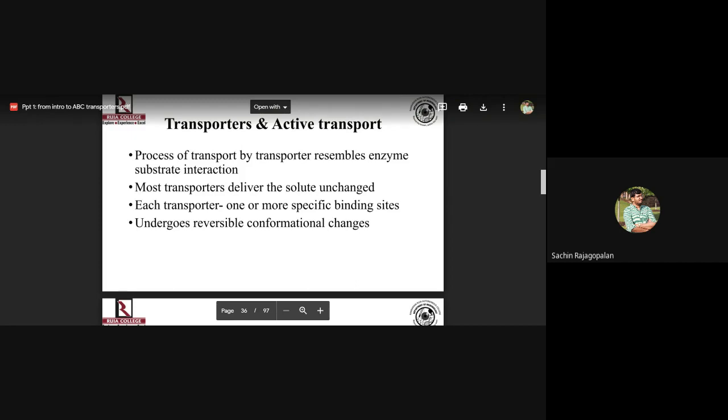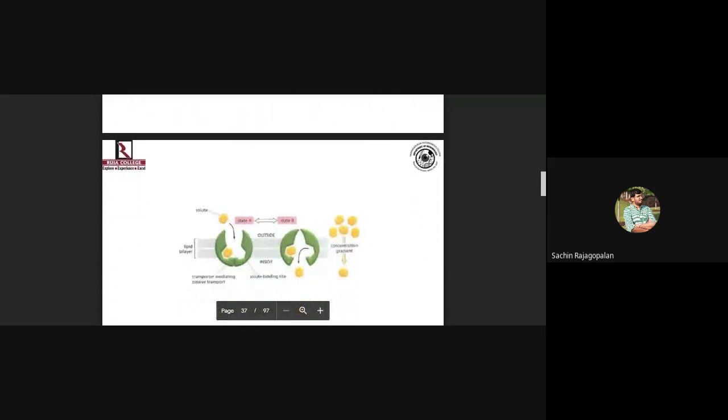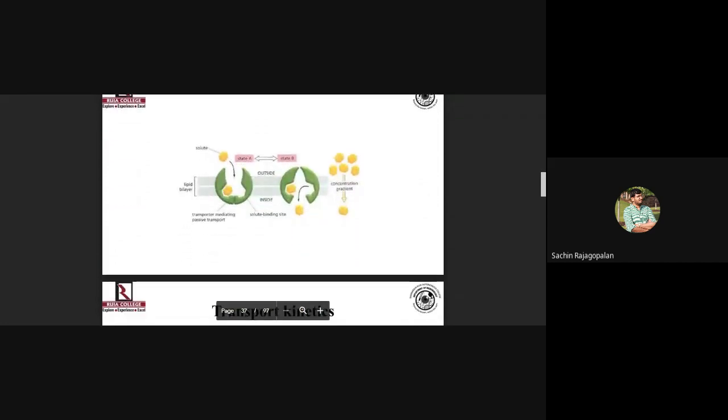But remember that these structural changes are not permanent. They are transient changes. They are happening only for that time period. Once the solute detaches from the transporter, it is now free to go back to its original conformation. Okay, so remember this, that the structural change that's happening to the transporter is not a permanent change. It is a totally reversible change.